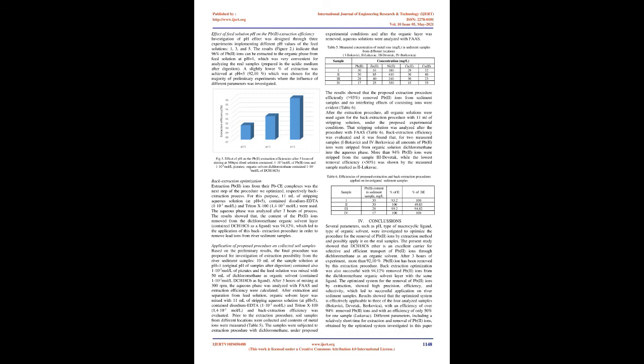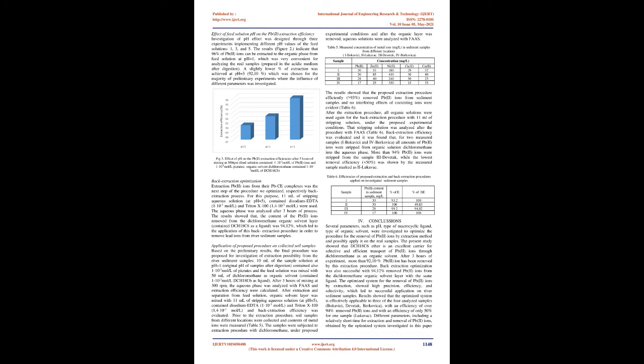Back extraction optimization. Extraction of Pb2+ ions from their PbCE complexes was the next step of the procedure we optimized, namely the back extraction process. For this purpose, 11 ml of stripping aqueous solution at pH equals 5, containing disodium EDTA, 1×10⁻³ mol/L, and Triton X100, 1.4×10⁻³ mol/L, were used.